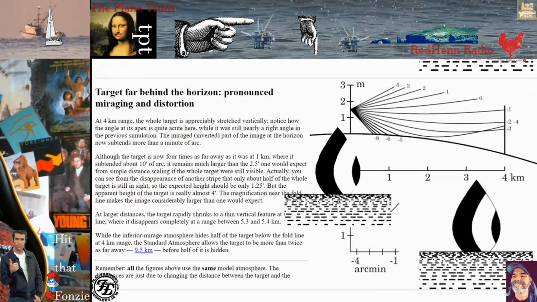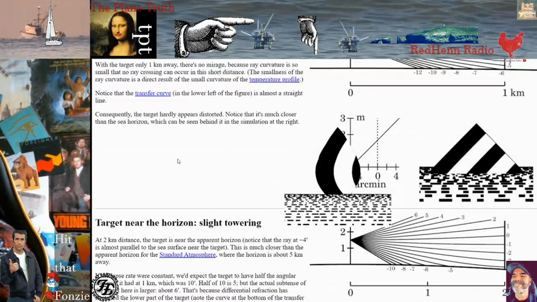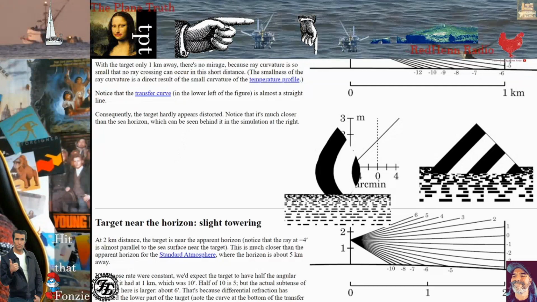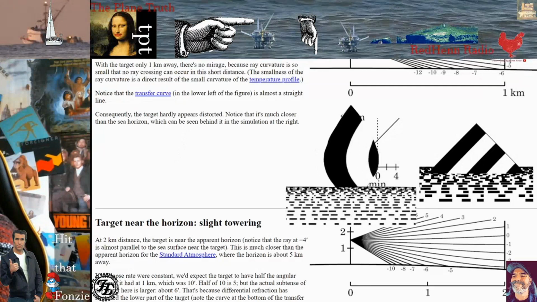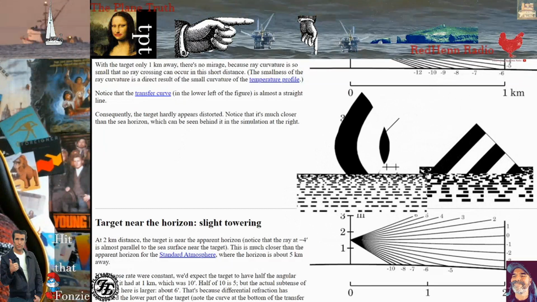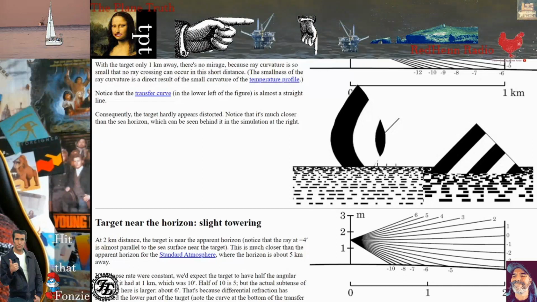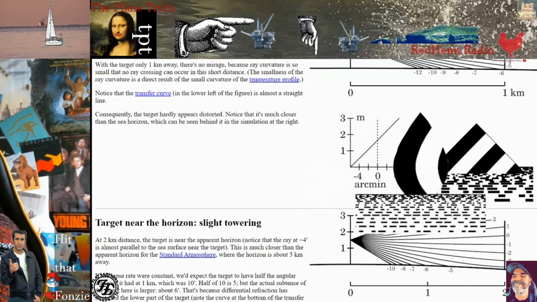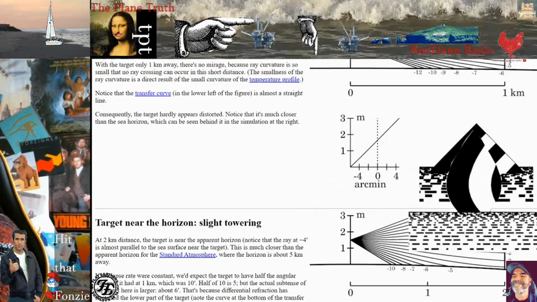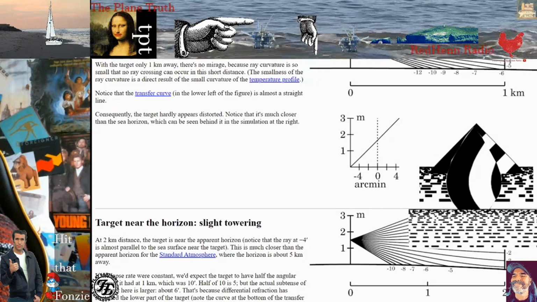Okay, so let's go back up here to the image with no inferior mirage. Like, how does this compare, right? The way that we need to think about this is that the tips will line up, right?